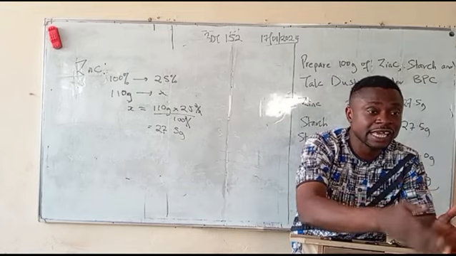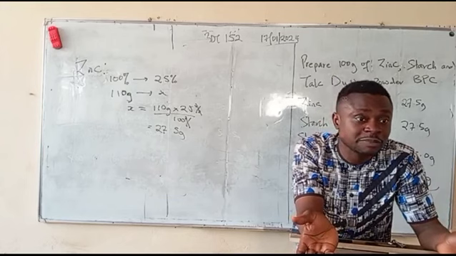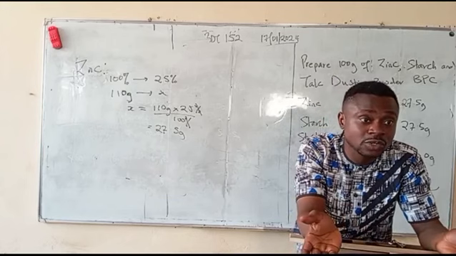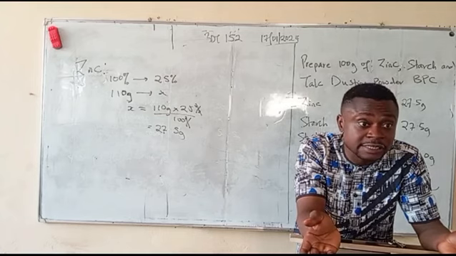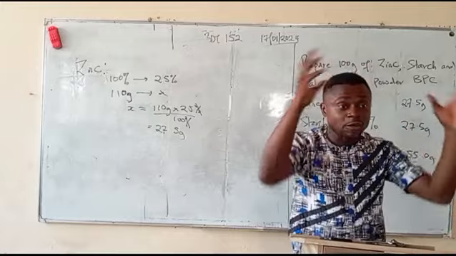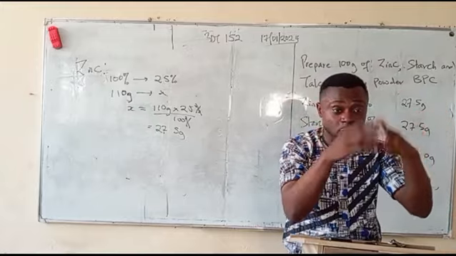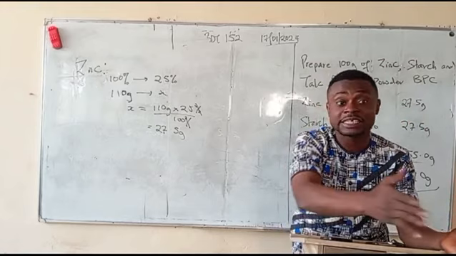If you hear not more than 60 can pass through, those that can pass through are not more than what? 60. If the entire quantity or weight is 100 grams, not more than 60 of it can pass through. That's the meaning.